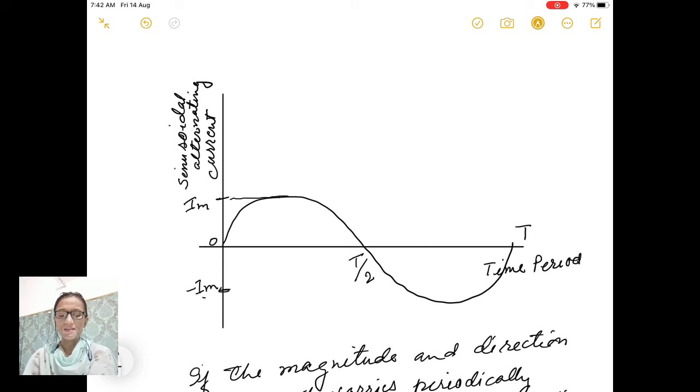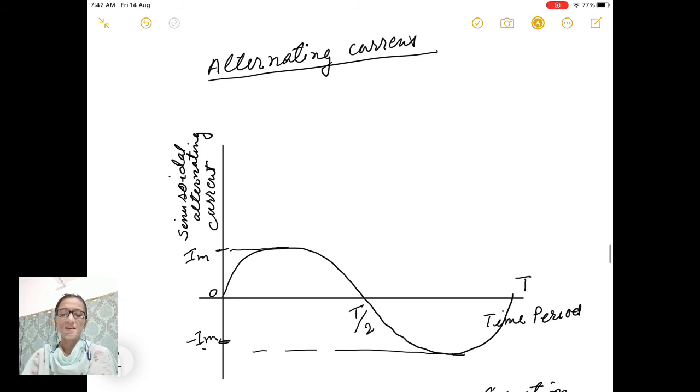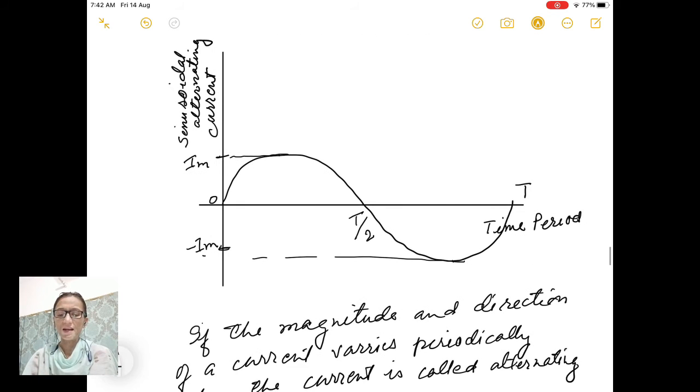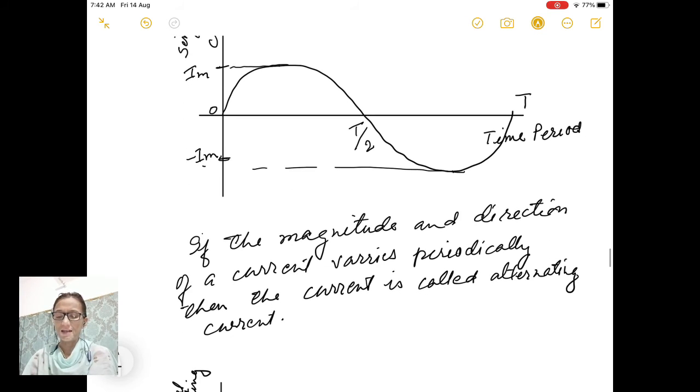In the reverse direction, it increases from 0 to a maximum value, and in one time period, the sinusoidally varying alternating current again becomes 0. Such a current is called alternating current. When current changes periodically in magnitude and also changes direction, then such current is called alternating current.